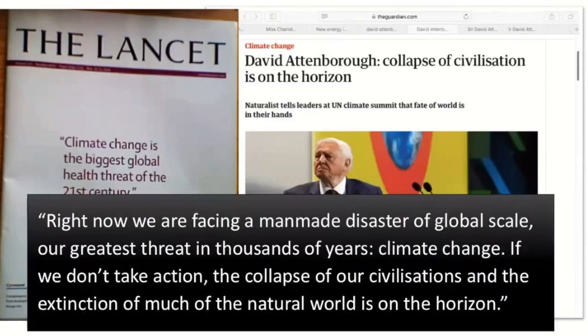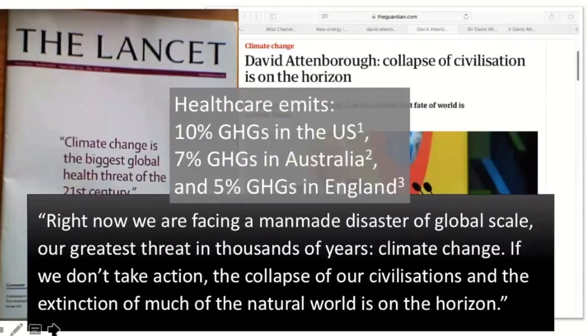If we don't take action, the collapse of our civilizations and the extinction of much of the natural world is on the horizon. And we know that healthcare is responsible for 10% of greenhouse gas emissions in the United States, 7% in Australia, and 5% in England. So it's a significant contributor to the greatest threat that we face as a civilization.